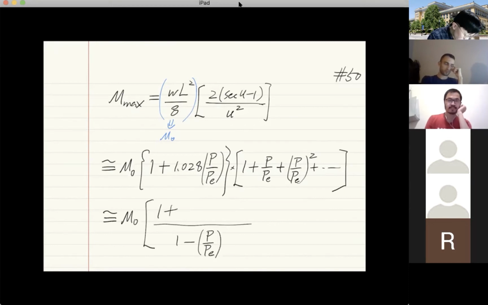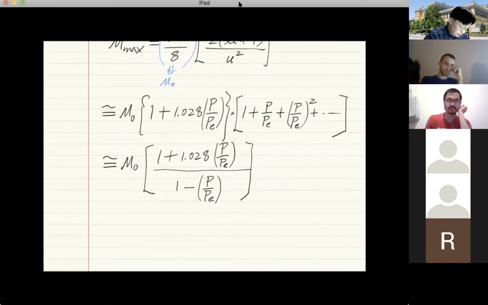Upstairs is 1 plus 1.028 times P over PE. And then finally, we say that this can be further... Well, actually, this coefficient here is not quite right, and this one should be 0.